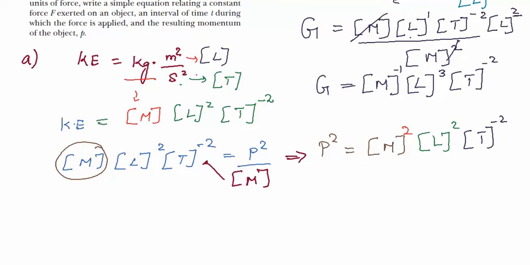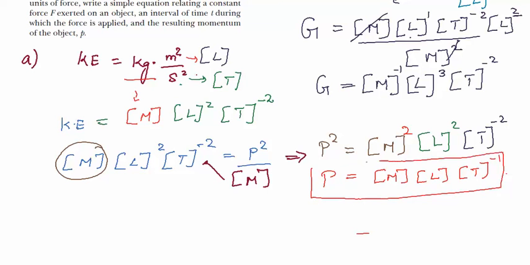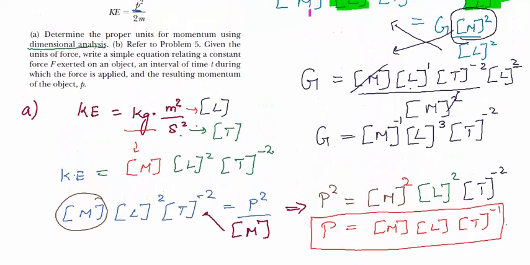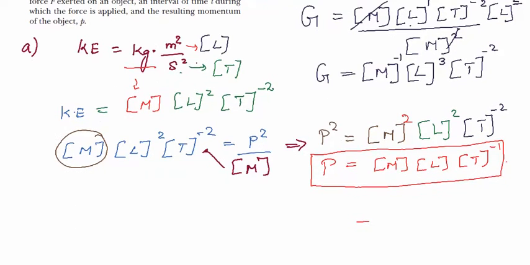Therefore, if you take a square root of it, you get p to be mass, length, and time inverse. So that's the dimension of momentum.